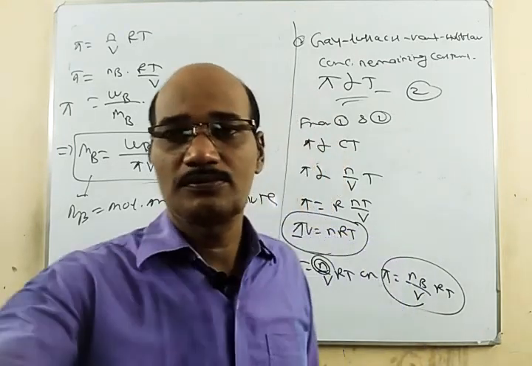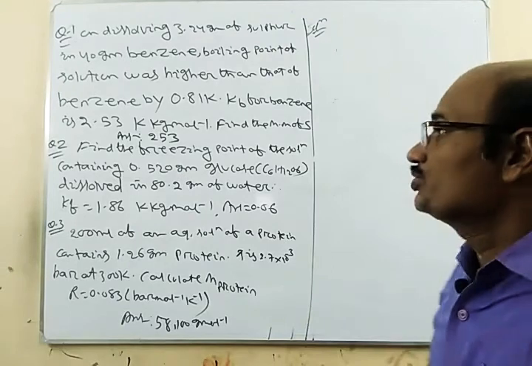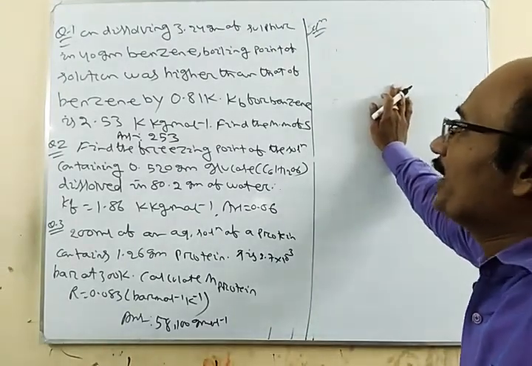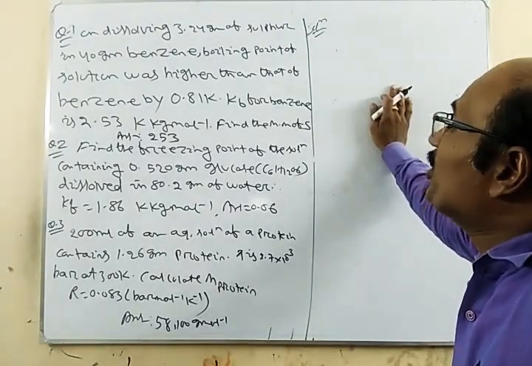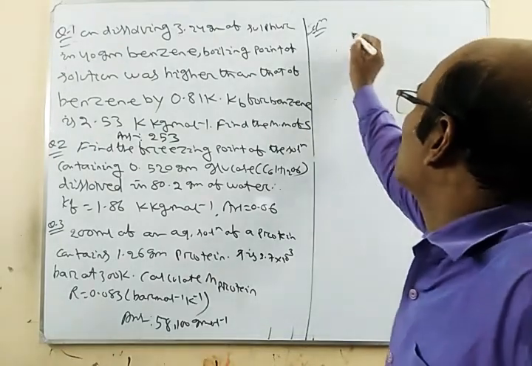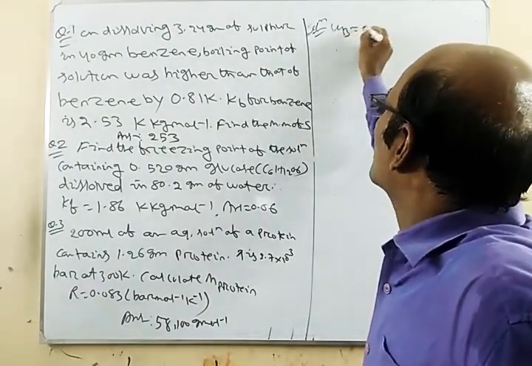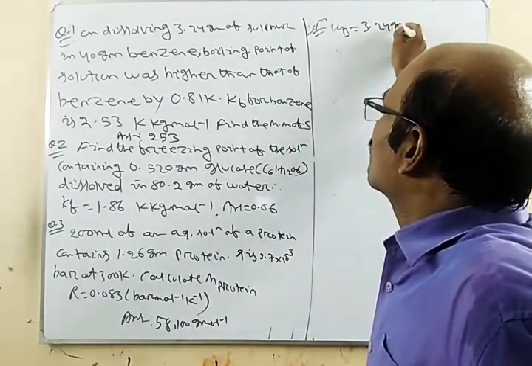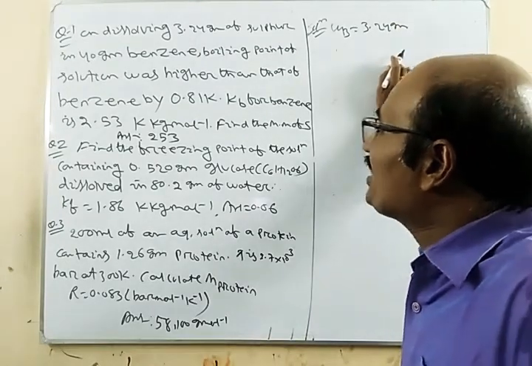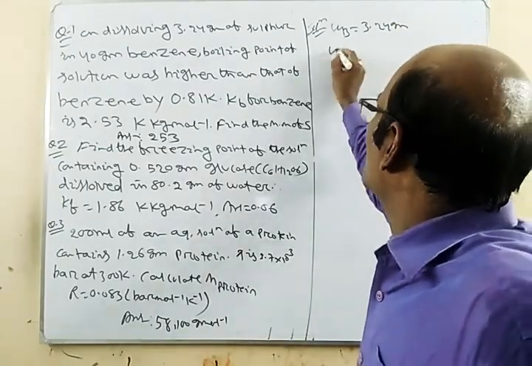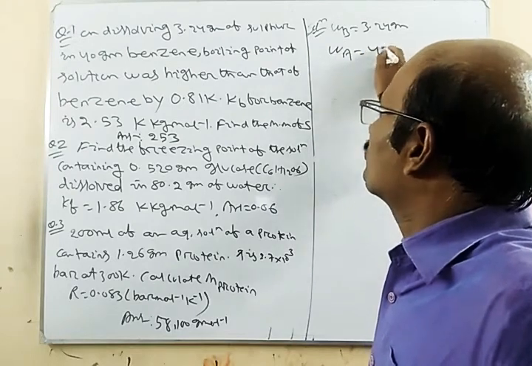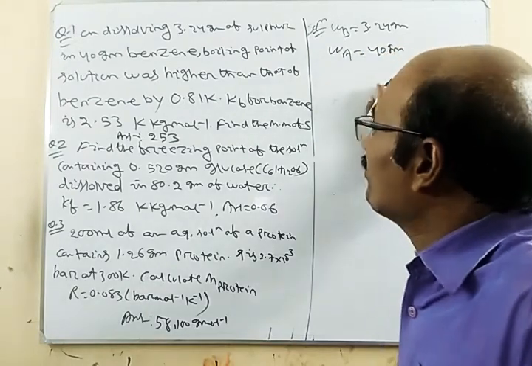Here is the numerical: dissolving 3.24 gram of sulfur, that is W_B equal to 3.24 gram, in 40 gram of benzene, so W_A is 40 gram.